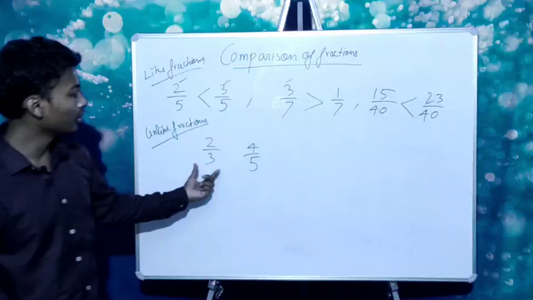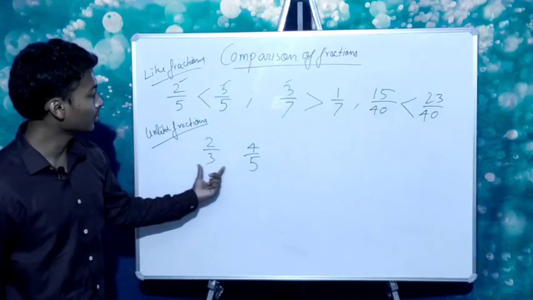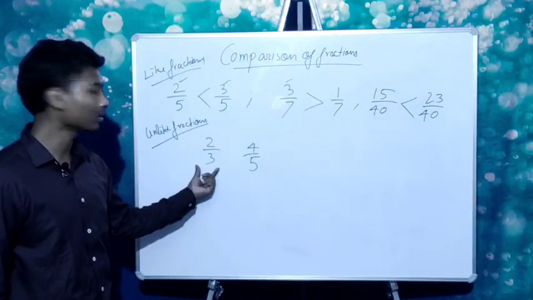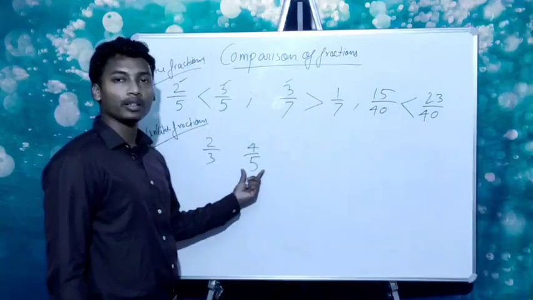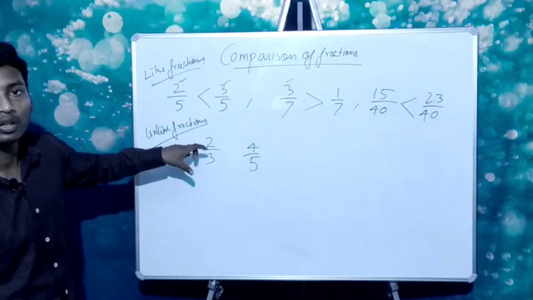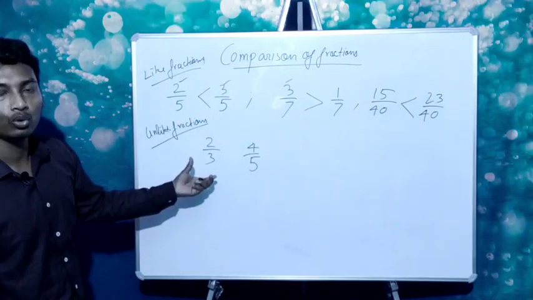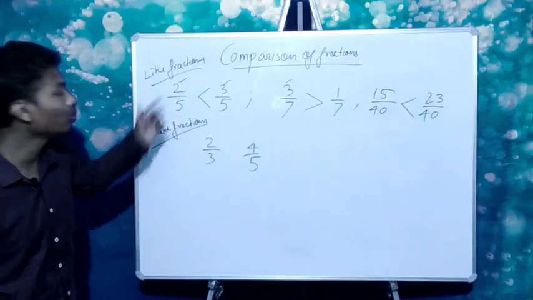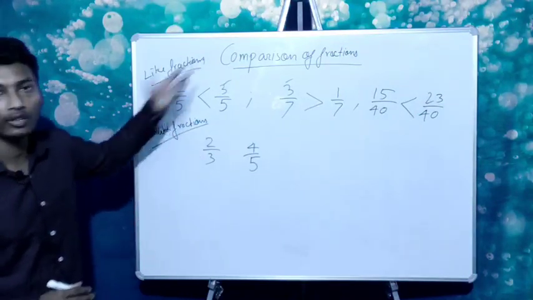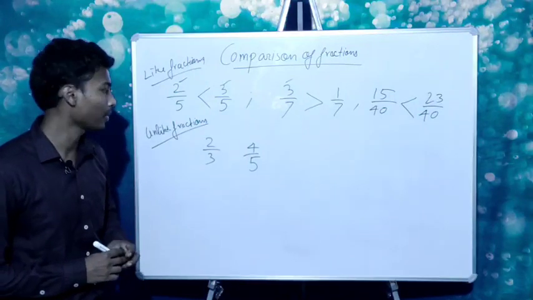The number of parts it has been divided into is not the same. So here it is divided into 3 parts and here it is divided into 5 parts. So they are not the same. So it means to compare two fractions, we need to convert them into like fractions. Now you know how to convert any unlike fraction into like fractions, right?